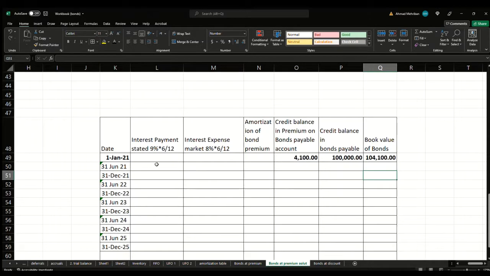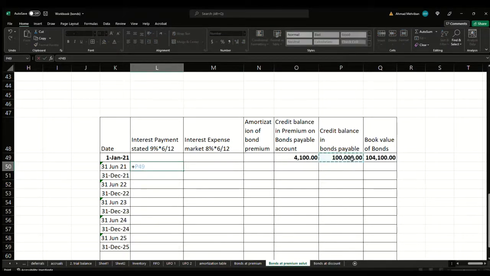Now, when it comes to the interest payment that we need to calculate, it is going to be based on our stated interest value, and that is simple. We have our 100,000 stated face value of our bond multiplied by 9% divided by 2, because we are finding a half year, so semi-annual, so 4.5%. So it should give us 4,500.